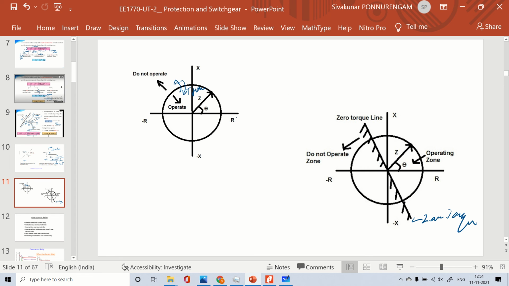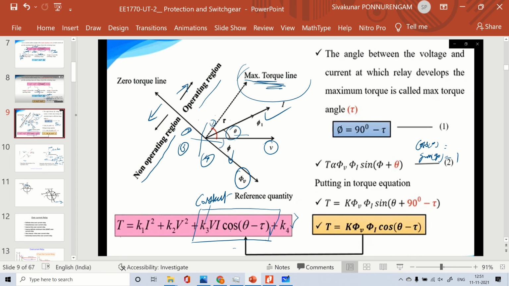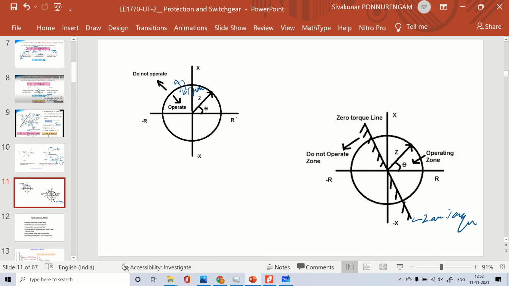Here you can see in this relay, the voltage V produces the flux. That is the maximum torque, and the current produces the flux phi of V. Again this phi of V is at 180 degrees in the opposite direction. So only in this portion we are going to give the tripping zone.